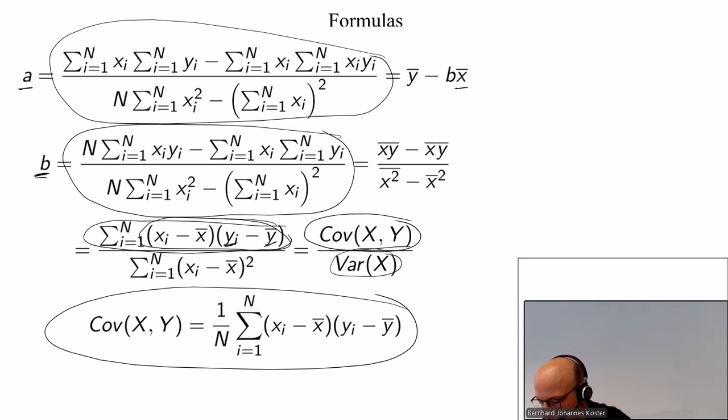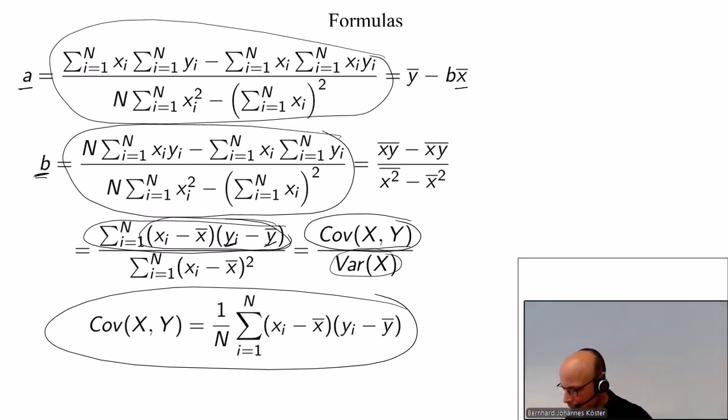We also need the sum of the squares of x's: x1 squared plus x2 squared plus x3 squared. Here we first take the sum and then square it, so these are not the same numbers. I hope that you see this.